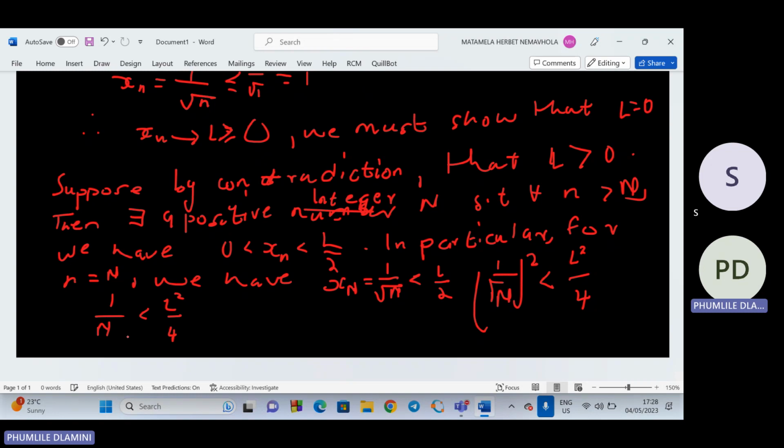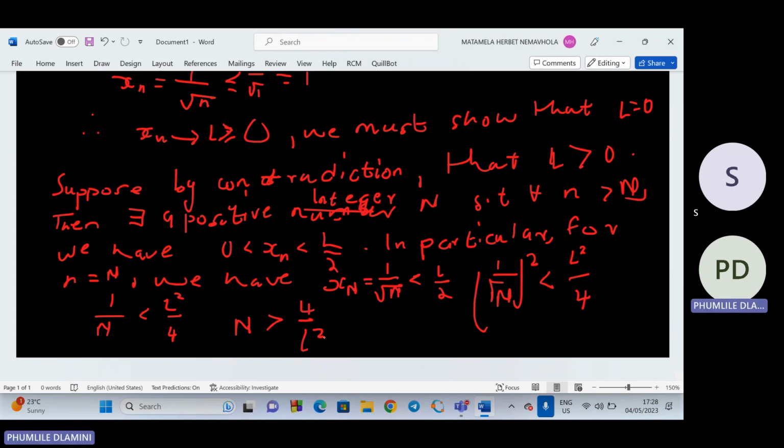So if I swap these two in order to get N, then N is greater than 4 over L squared.